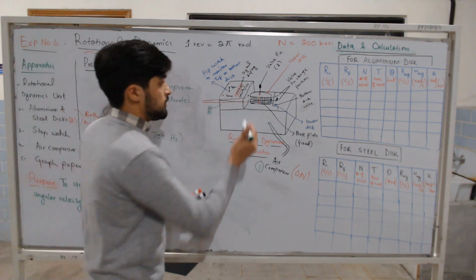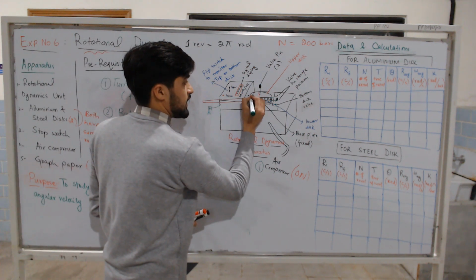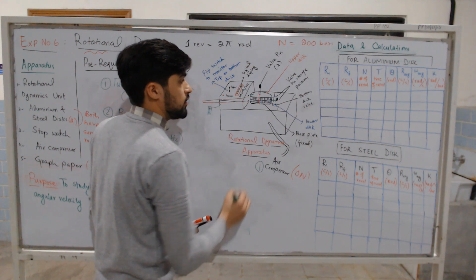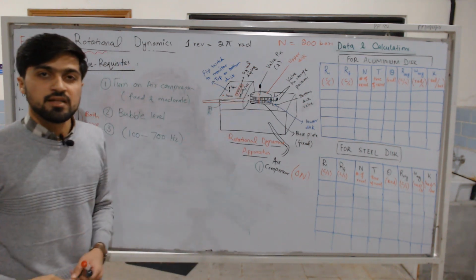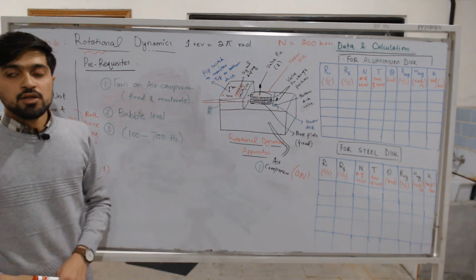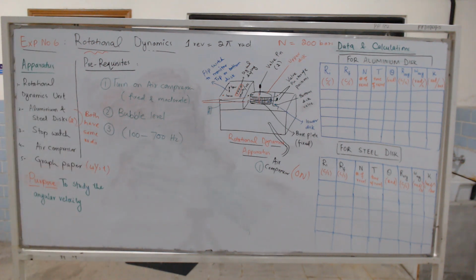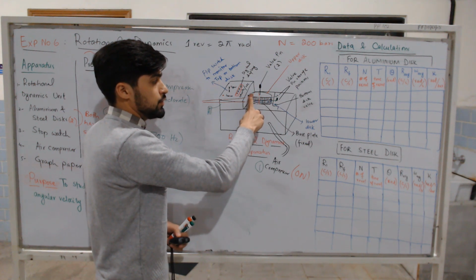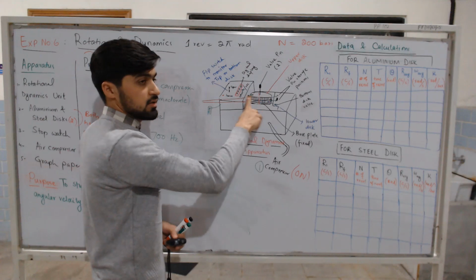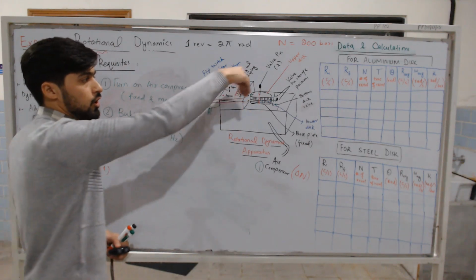So we will place a paper tape here on the top of the disc. This is actually for measuring the number of revolutions of this disc. How to do it? First, you will place a tape here on the top of the disc, right in front of the optical reader, parallel to the optical reader.